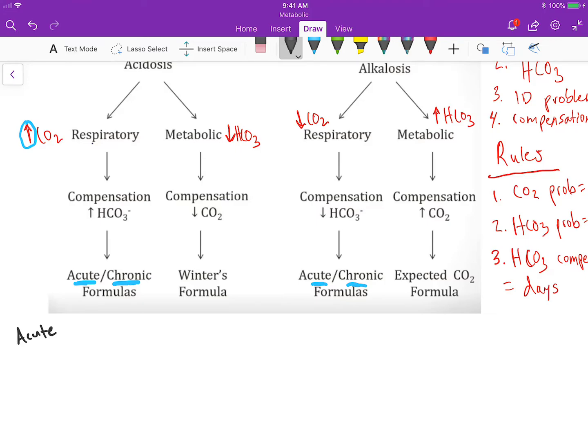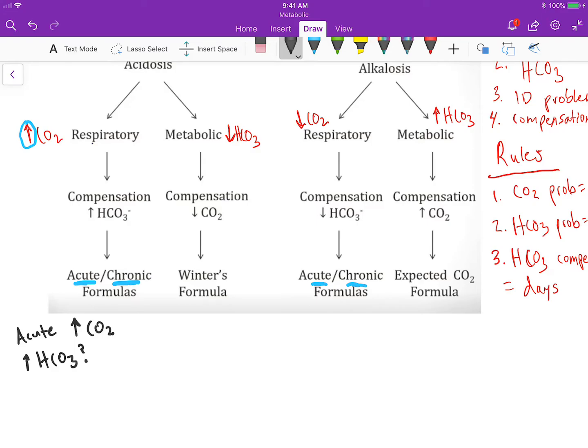So again, acutely we have an increase in CO2, and the formula we need to apply, we're predicting the change in bicarb, right? We're predicting the increase. CO2 goes up, bicarb should go up. So for every 10 change of CO2, acutely, bicarb should only go up by 1.